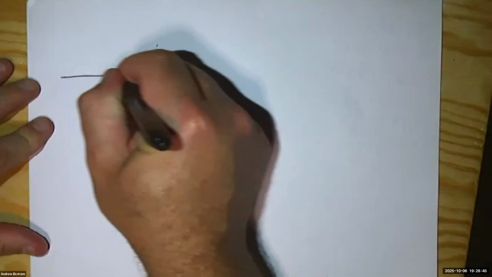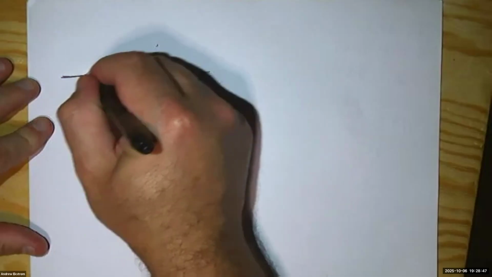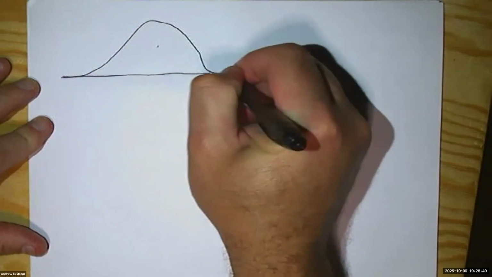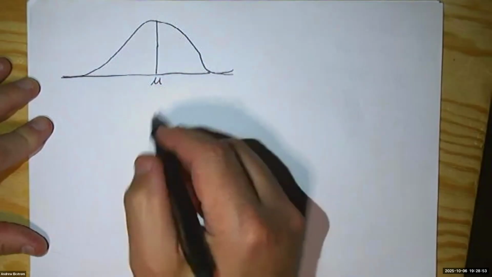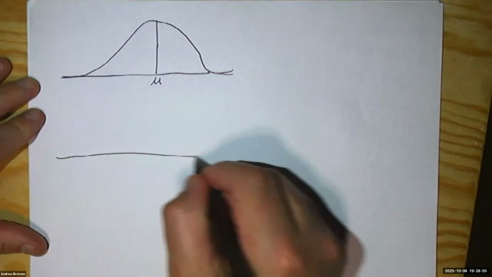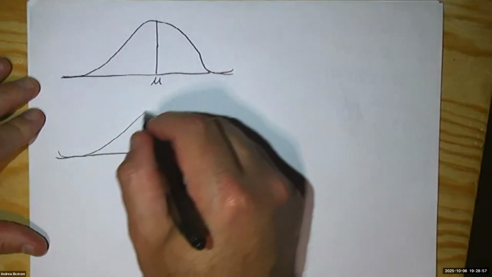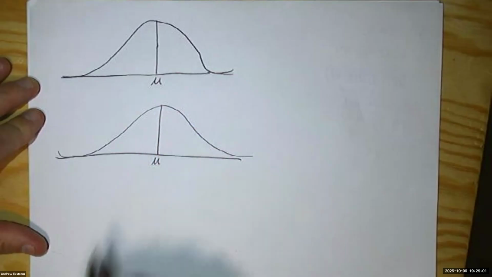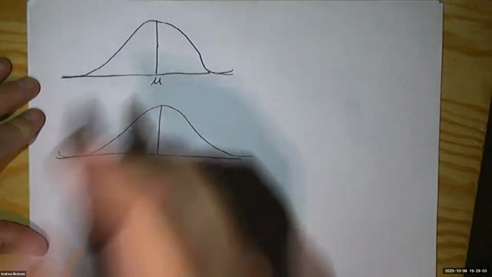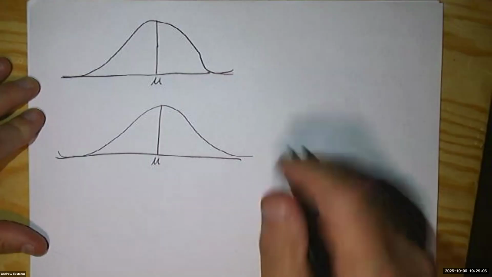So let's say I've got two different normal distributions here. And I'm just going to say each one of these has a certain mean. What does that mean? I don't know. So I'm just going to say these are the same thing.